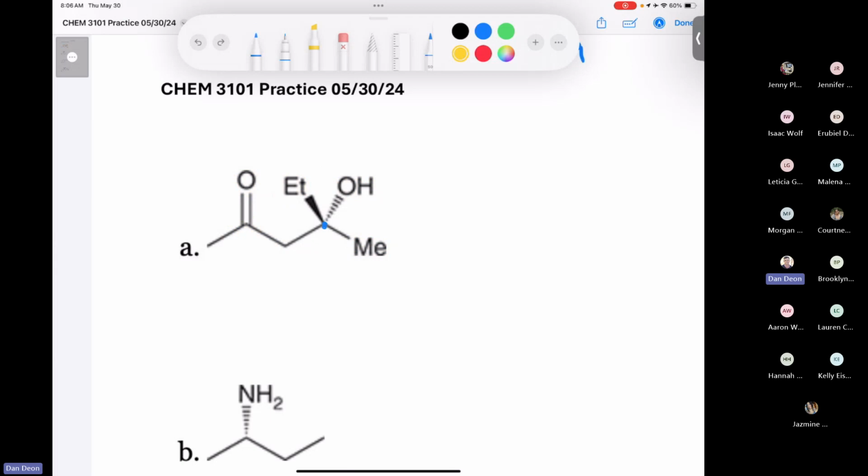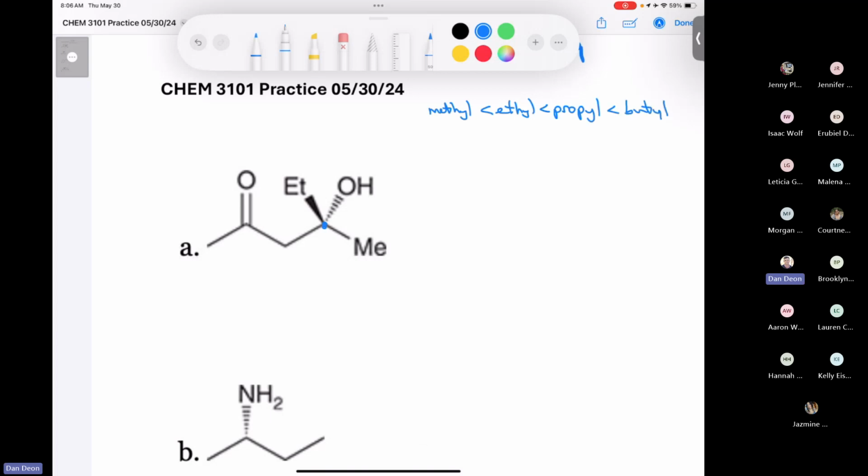Now, the lowest priority group of all of these, if you haven't picked up on it, when we prioritize straight chains, the longer they are, the higher priority they have. So what does that mean? That means that an ethyl group would take priority over a methyl group, and a propyl group would take priority over an ethyl, and a butyl, and so on and so forth.